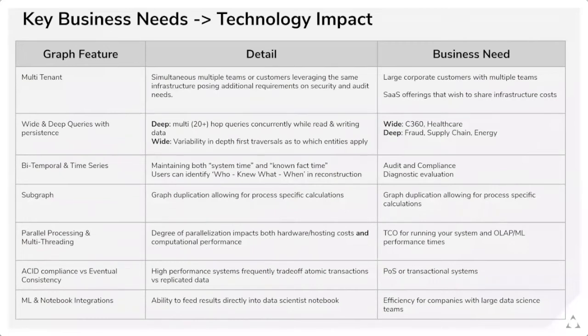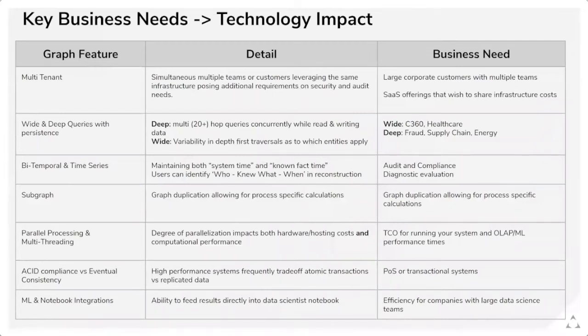Scott already talked about the wide and deep queries. Imagine trying to do 20 hop queries with outer joins that each of which may or may not be there, or wide variability depth first traversals. Different vendors perform better on each of these.